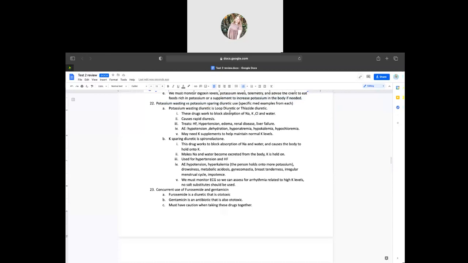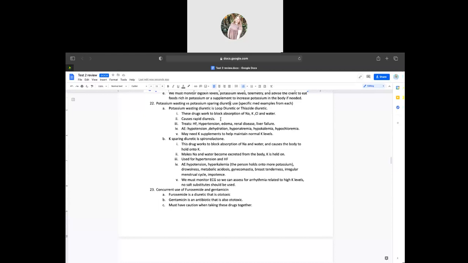So these drugs work to block absorption of sodium, potassium, chloride, and water. And because of that, these are going to be excreted from the body. It's going to cause rapid diuresis or excretion of urine. These medications are going to be used to treat heart failure, hypertension, edema, renal disease, or liver failure.